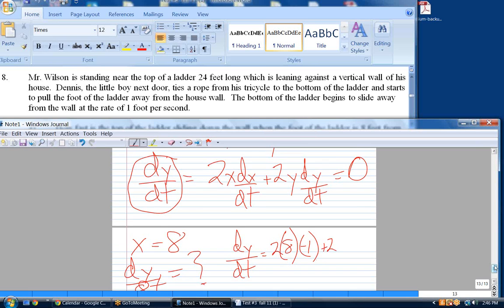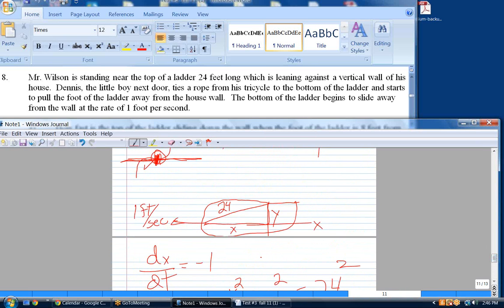What is y if x is 8? Is this a 3, 4, 5 triangle? No. x is 8, so y is the square root of 24 squared minus 8 squared. You got a calculator? Yeah, I'm doing it right now.